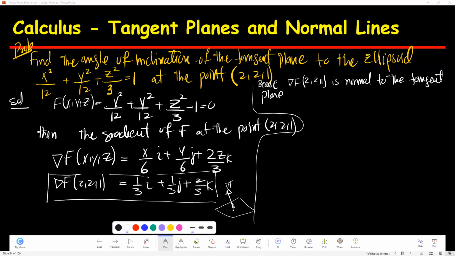This is the direction of this vector. And the other vector we want is the normal along the z-axis. Remember, I always told you it's always going to stay along the z-axis. If the plane looks like this, this white line is going to stay there. If the plane looks like this, again this white vector, the normal, which is k, always stays there. This is my k, and I want this angle.